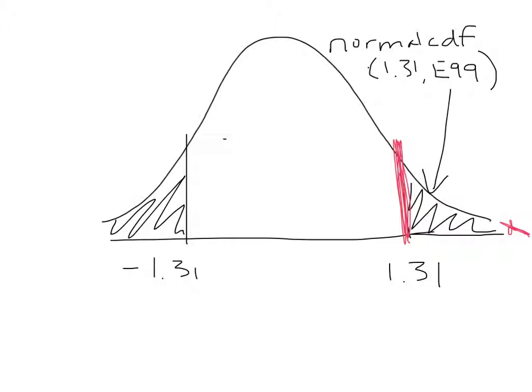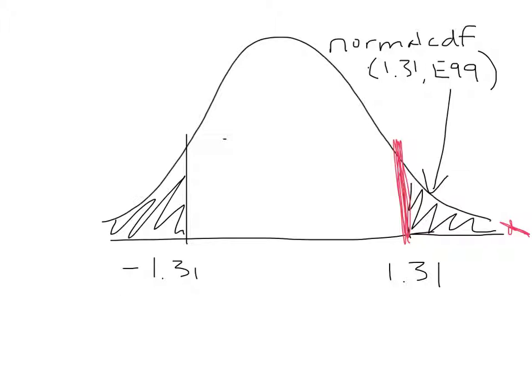Yellow means it's the second function, so you'll hit second, and then that key again. Even though the key says EE, what comes up on your calculator is E, which makes no sense to me either. We just go with it. And then 99. Close your parentheses and hit enter.